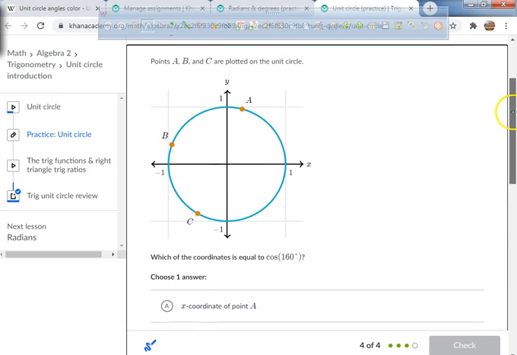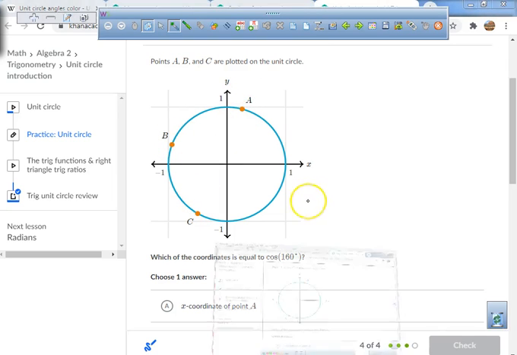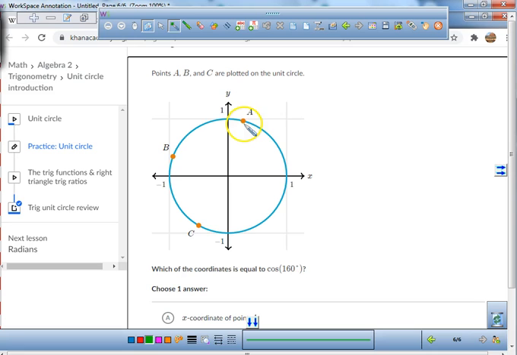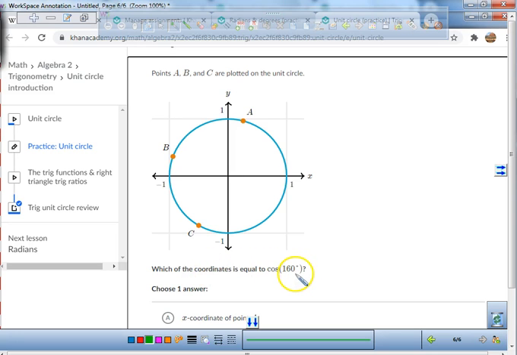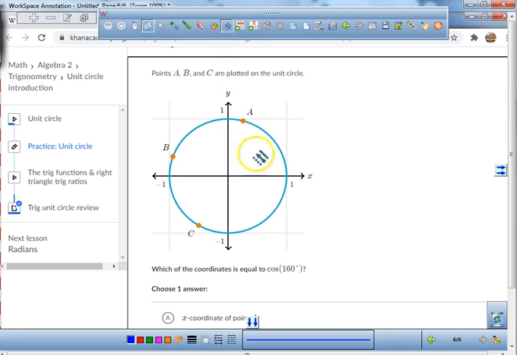So we got this one, this one, this one. So check this out. How many degrees do you guys think A would be? Actually, it doesn't say. It says which coordinate is equal to the cosine of 160. So how many degrees do we have to travel? 160 degrees.